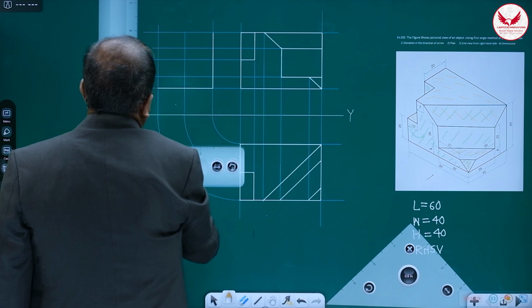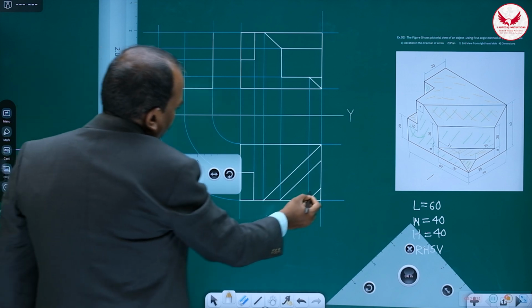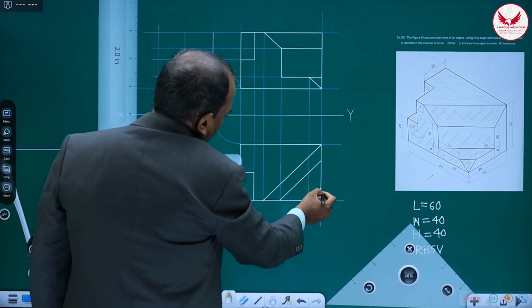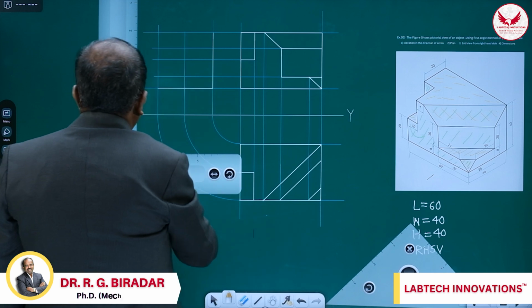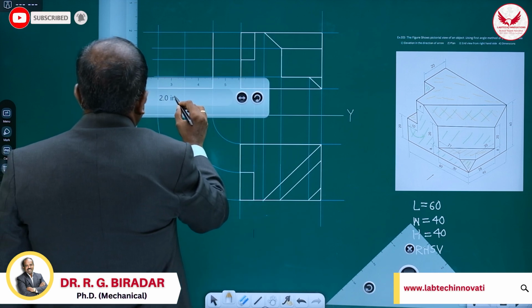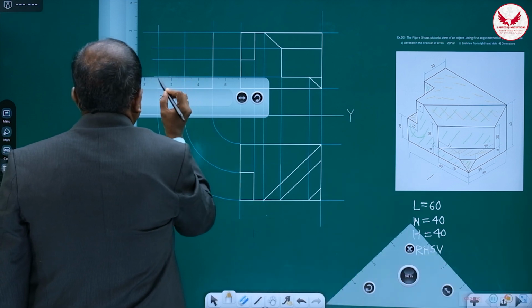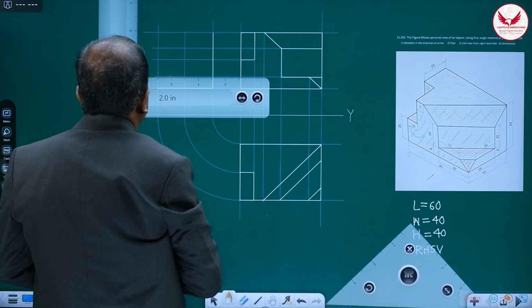Is it right? Then afterwards, in the side view, what you can see, I have not taken its projection, it's 8 mm. 8 mm I can mark from this. This is the 8 mm.